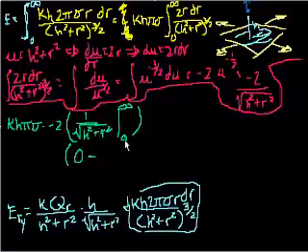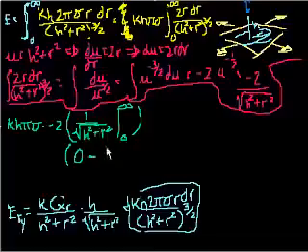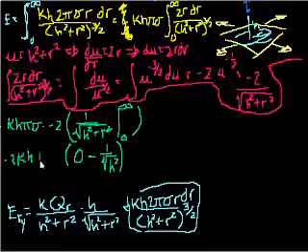So what happens when it's at 0? When r squared is 0, we get 1 over the square root of h squared, right? So let's write it all out. This becomes minus 2k h pi sigma times 0 minus 1 over the square root of h squared.